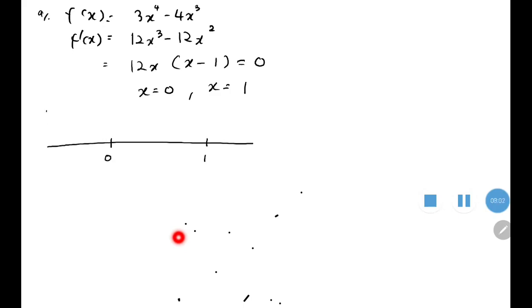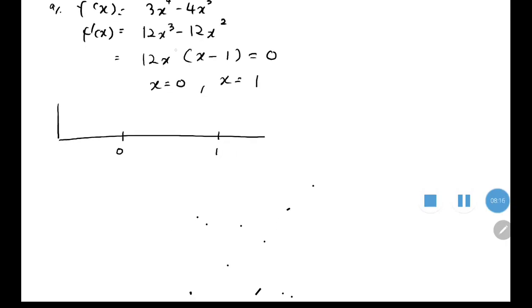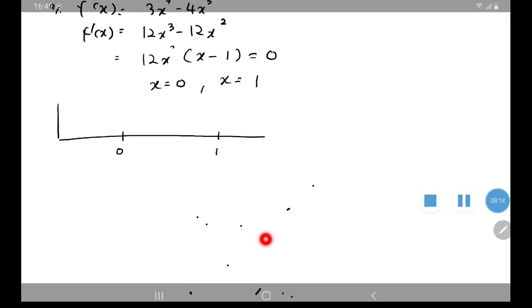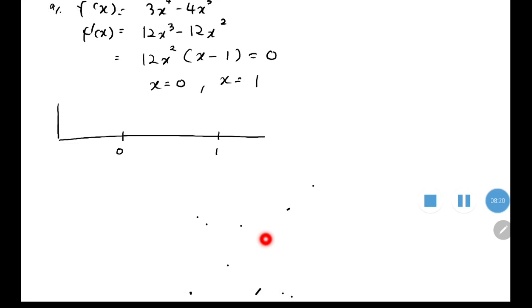And the expression that we should use is 12x squared times (x minus 1). So it should be x squared and x minus 1. We get it from this part here. I just omit the 12 because it will not change the sign.